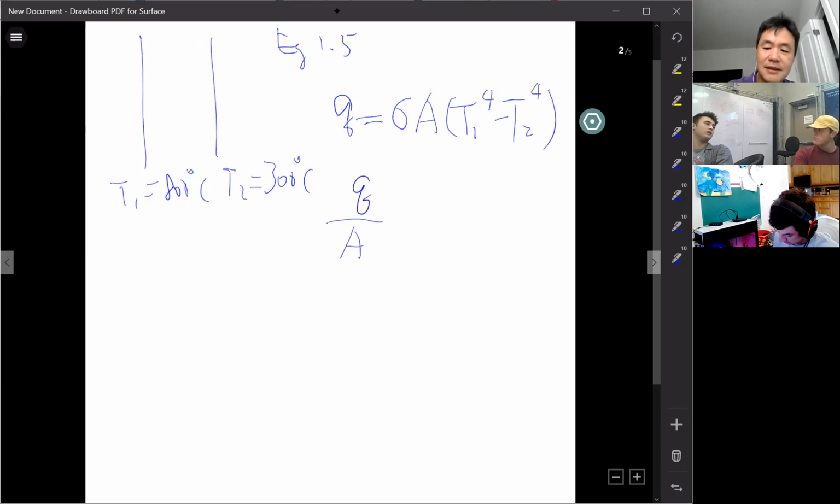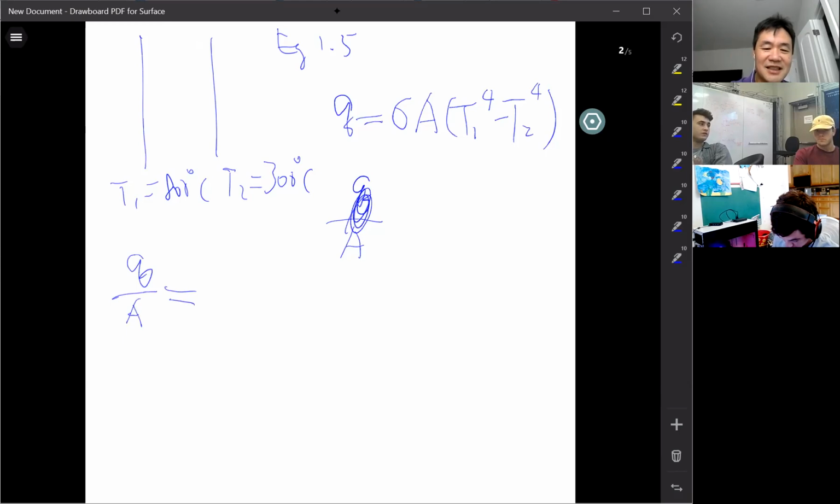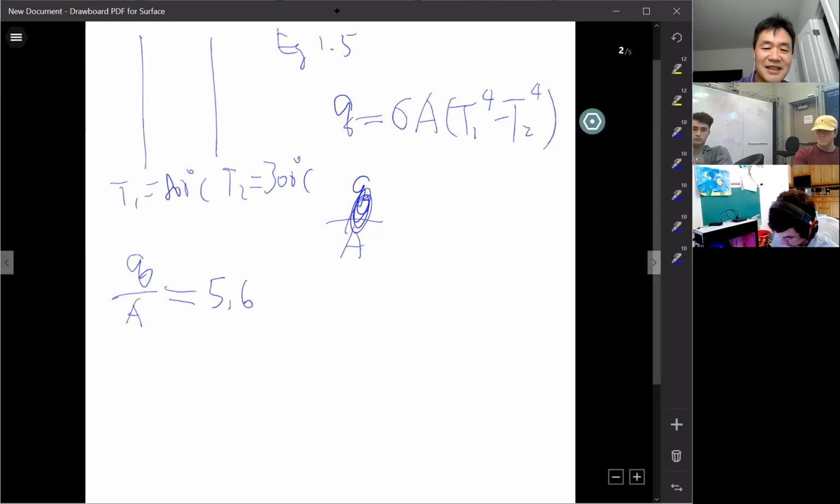So Q over A equals, now you need to write down your Stefan-Boltzmann constant, 5.67 times 10 to the minus 8. The unit is watt per meter square K to the fourth.